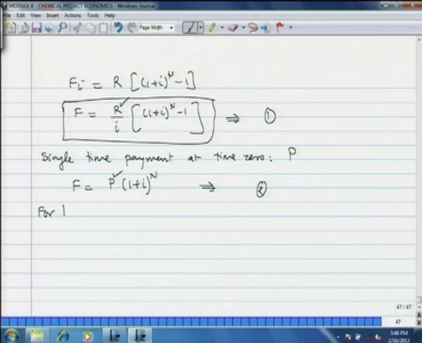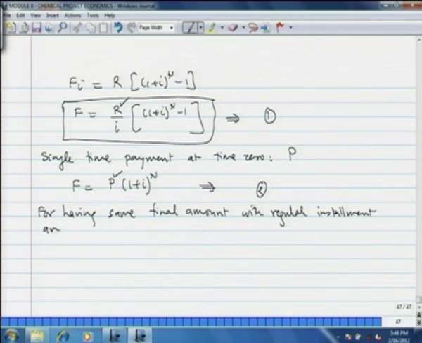For having the same final amount with regular installment and single time installment, we have to equate the two.